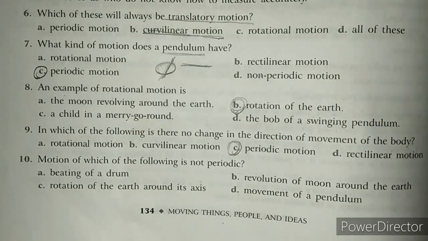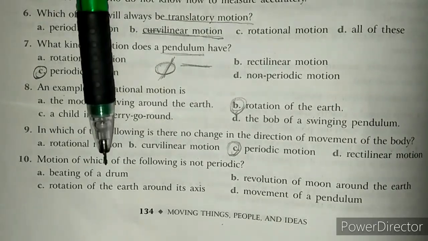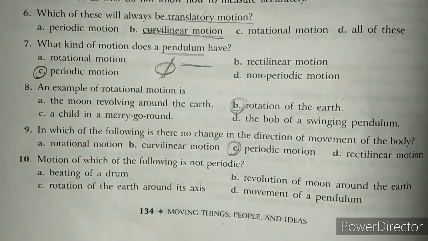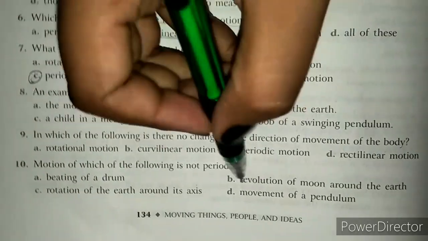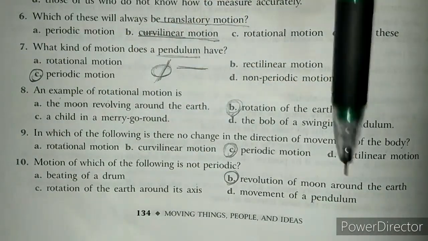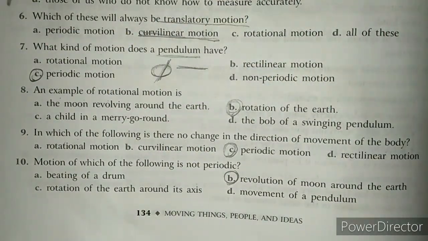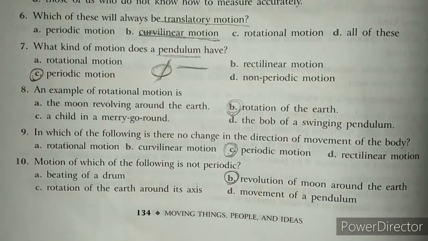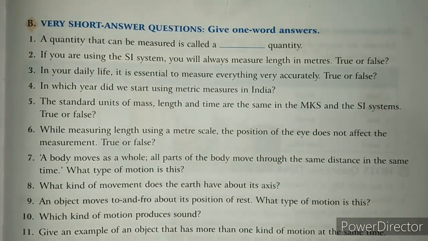So here we need to mark the not periodic among all these, which is not periodic in nature. So revolution of moon around the earth is the right answer because here the whole body moves from one place to another, right? So the next we have very short answer questions.